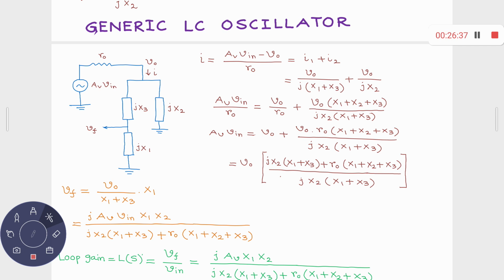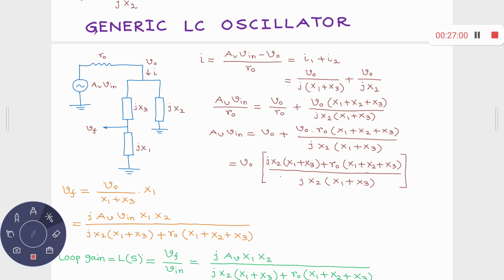So what is that? Nothing but V0 upon X1 plus X3 multiplied with X1. Okay. Clear? If you just substitute those values, then ultimately this VF is coming out to be j AV times Vin X1 X2 upon jX2 into X1 plus X3 plus R0 into X1 plus X2 plus X3.